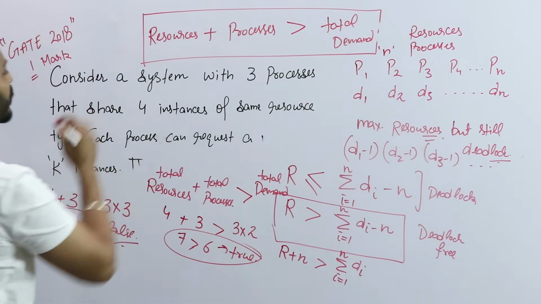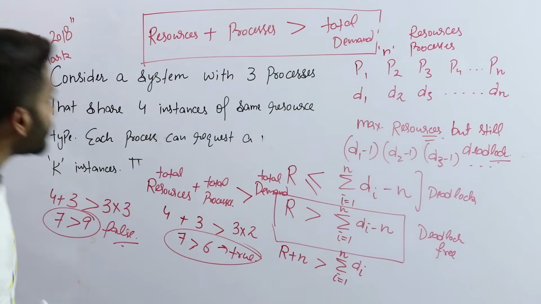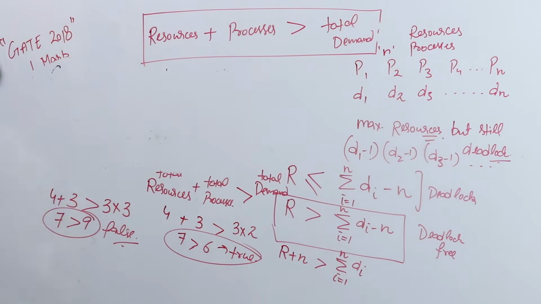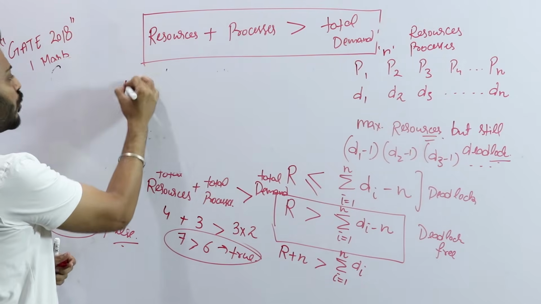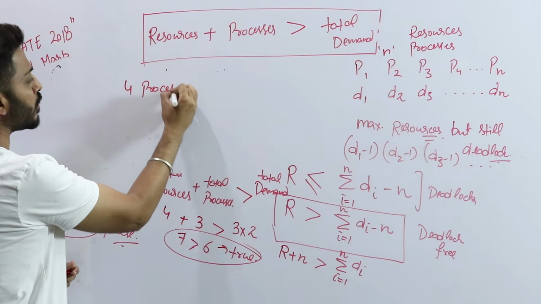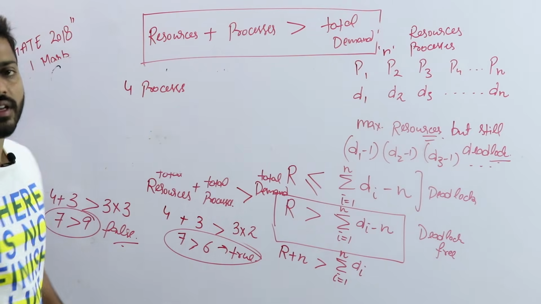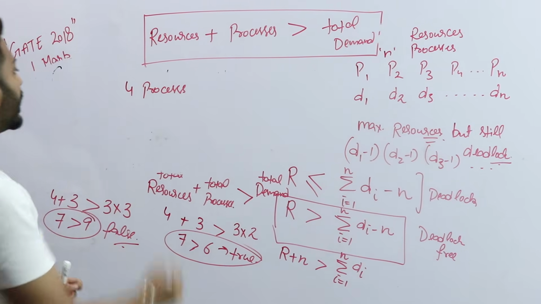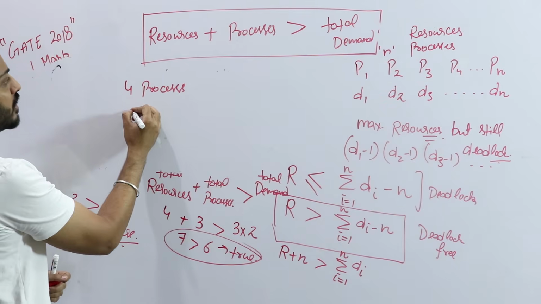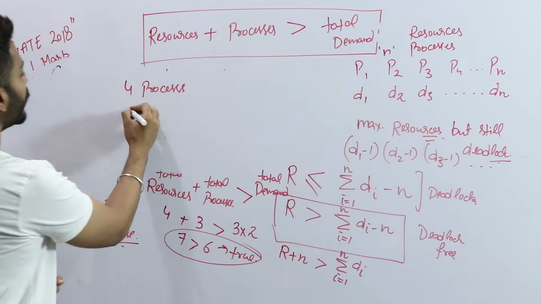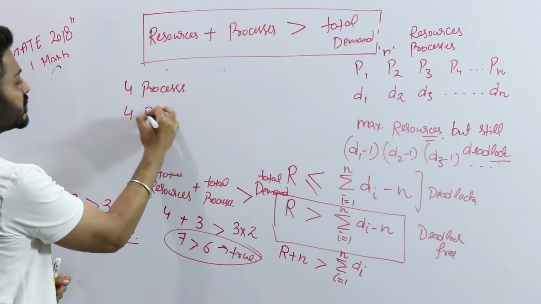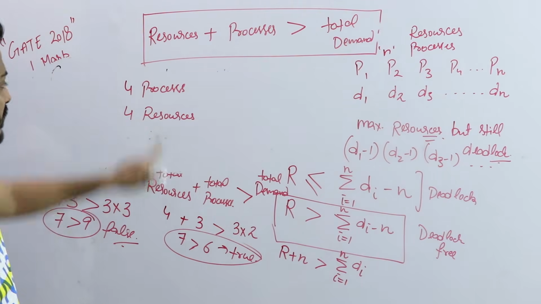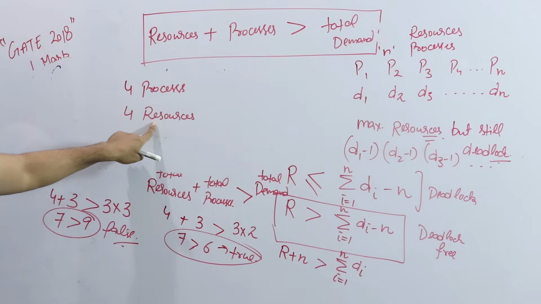Let's examine the formula again. Let's say I am having 4 processes and I am having 4 resources.